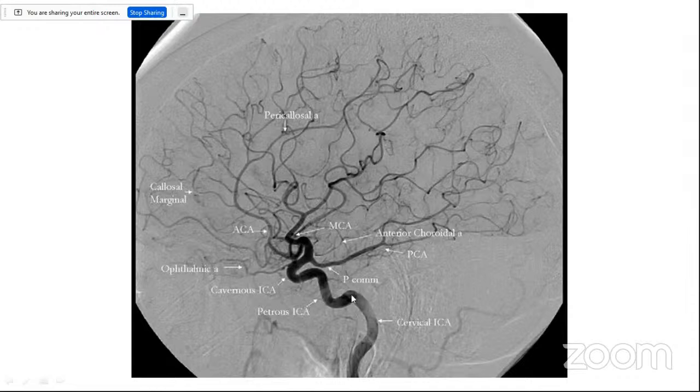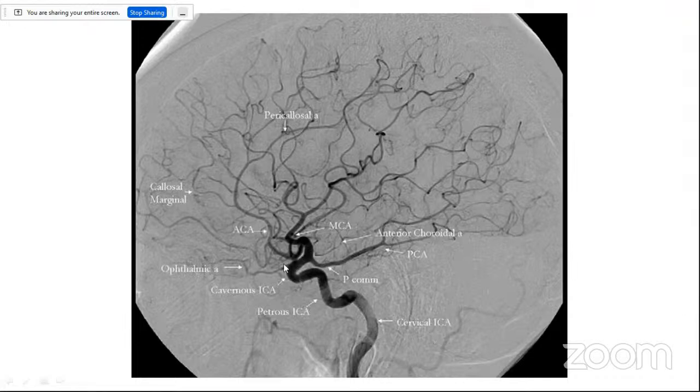The cervical portion then becomes the petrosal portion, where the cervical part of the internal carotid artery passes into the petrous temporal bone. This is followed by a short segment, which is often not visible angiographically, the lacerum segment, followed by this turned segment, which is passing within the cavernous sinus, the cavernous segment, followed by the clinoidal and the supraclinoidal segments.